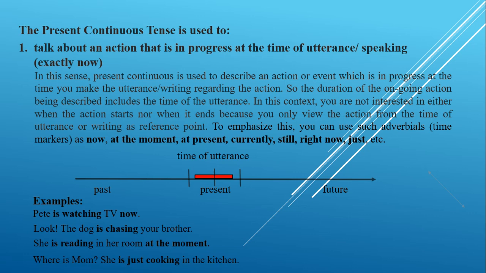And then you answer, because you know your mother is cooking now in the kitchen, she's just cooking in the kitchen. And you are pretty sure that when you say that statement, your mother is still cooking in the kitchen, because cooking takes time. Now let's move on to the next usage.